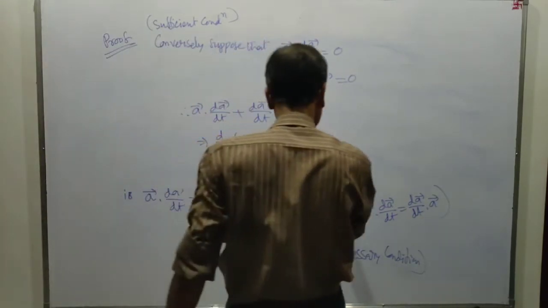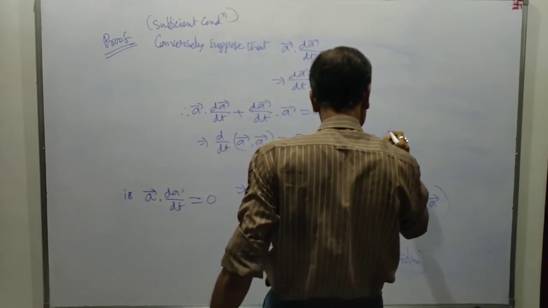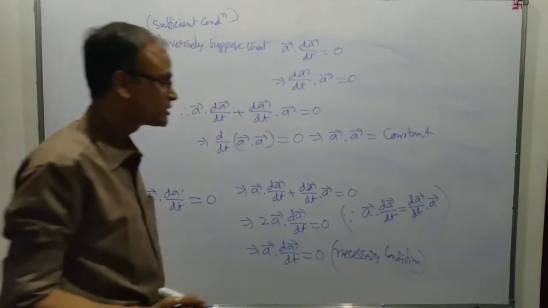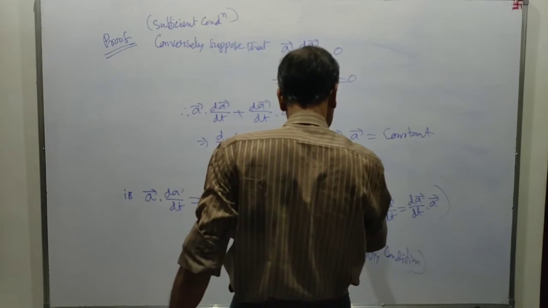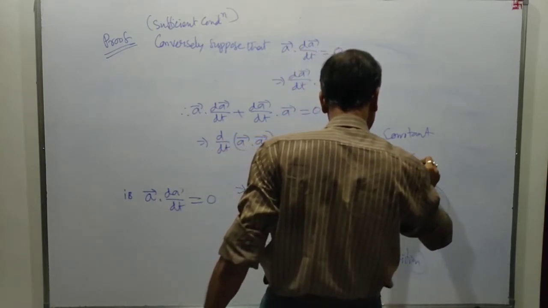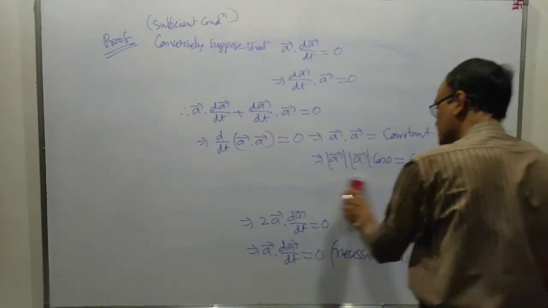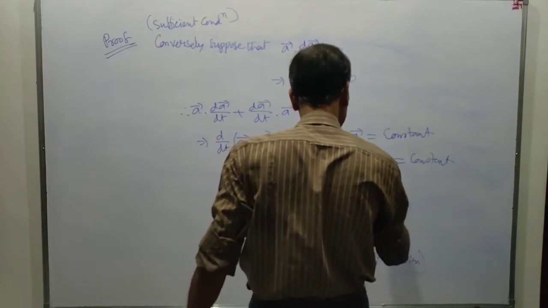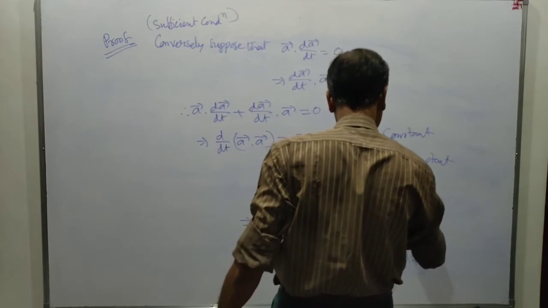This means A vector dot A vector is equal to a constant. This means the magnitude of this vector, times cos 0, is equal to a constant.